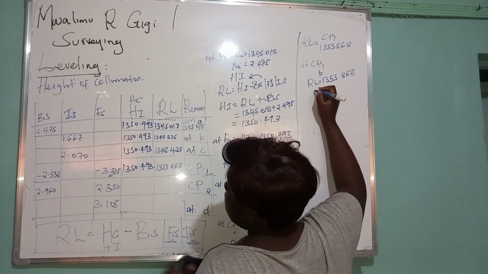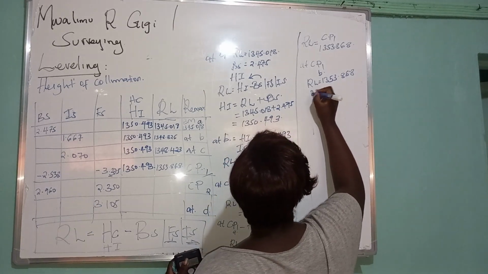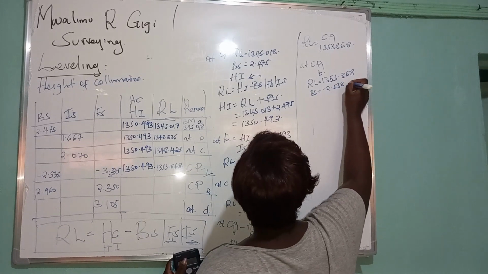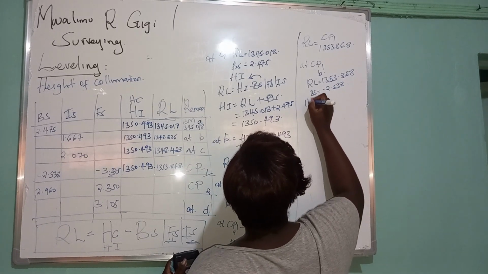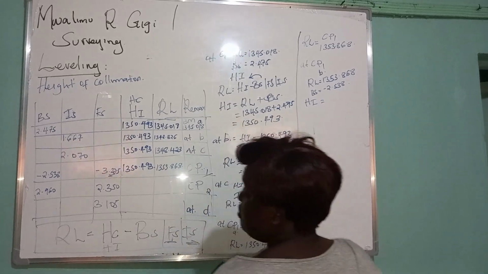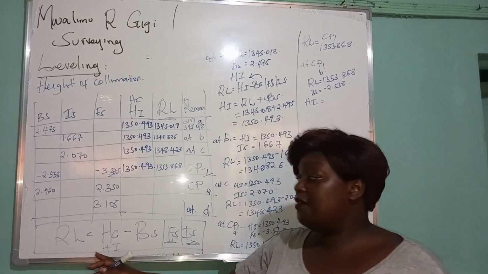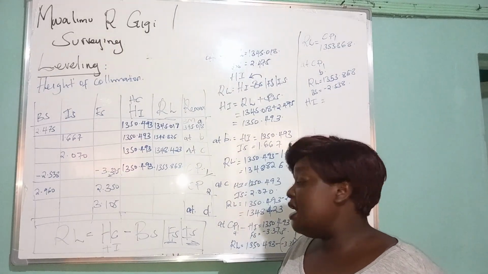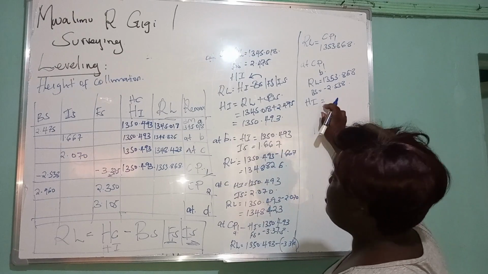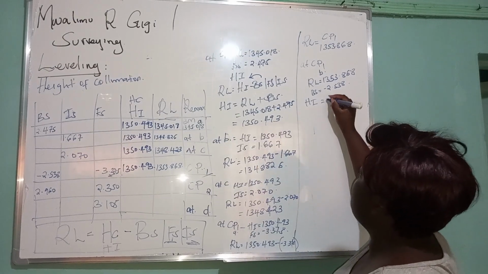Then we have a backsight of negative 2.538. So what is the height of instrument? From the formula, reduced level equals height of instrument minus backsight or foresight or intermediate sight.